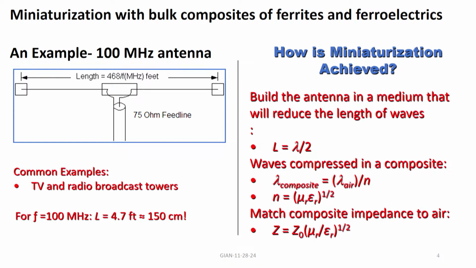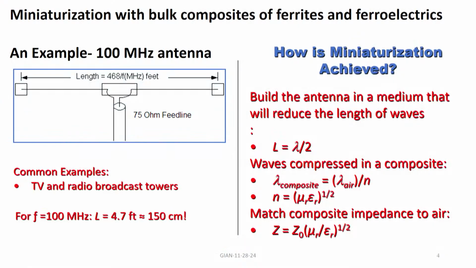Also, you have to make sure that the antenna has an impedance match to free space. If it does not have it, then most of the radiation will be reflected back. So, impedance match will allow for the radiation to be very effective. And what is the condition for that?